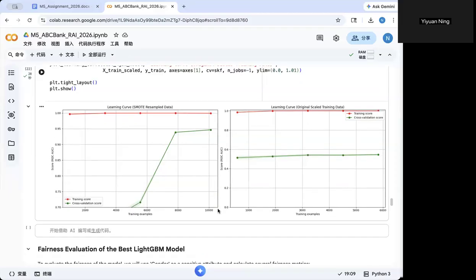This large gap between training and validation performance on the original data suggests clear overfitting. It also shows that the model performed well on the resampled data, but did not generalize well to the original imbalanced data distribution. The analysis correctly identifies overfitting. The model shows a near perfect training score and a high cross-validation AUC on small resampled data.